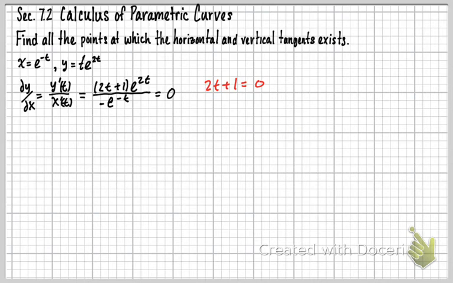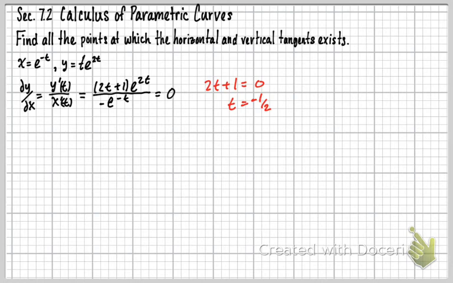I move the 1 over and divide by 2, so t equals negative 1/2. That's where my derivative is 0, and that's the only place where it's going to be 0 or undefined. So I don't have much to choose from here.